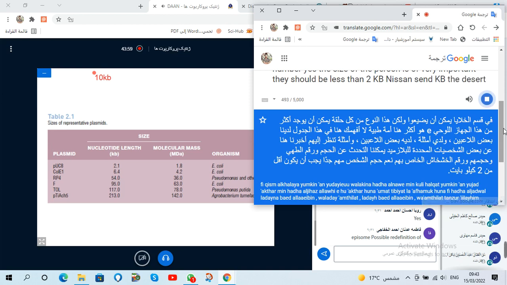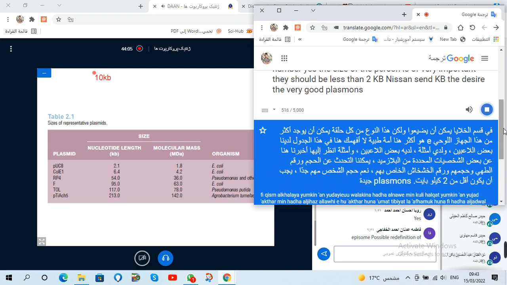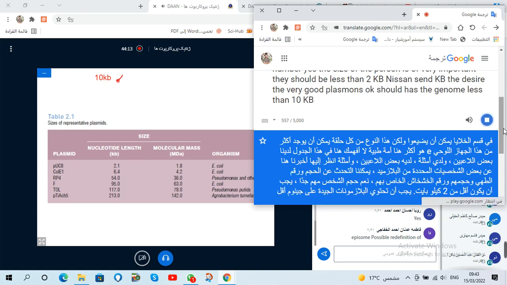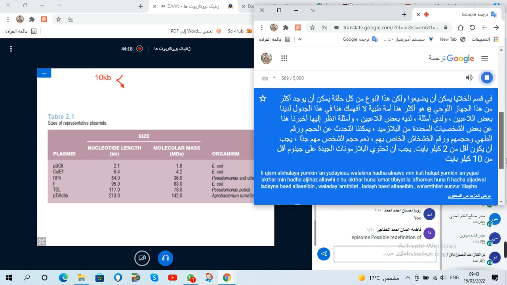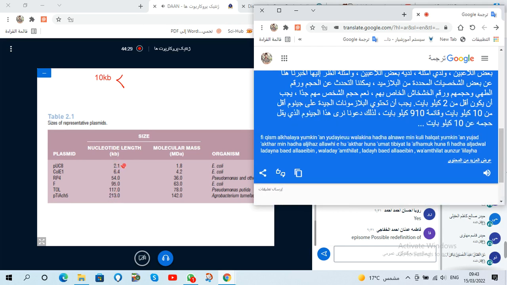The very good plasmids should have a genome less than 10 kb. So let's see about this one. Which one is less than 10 kb? Look, this one, this one. So they are short.